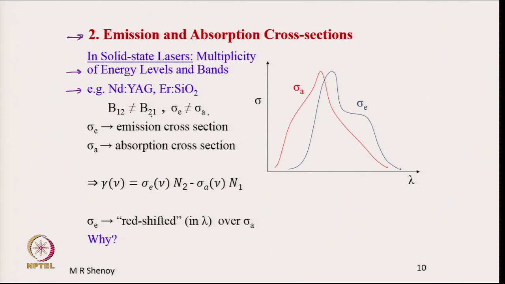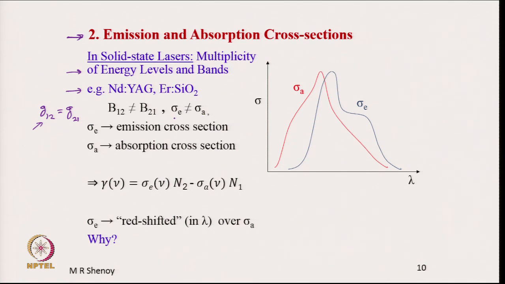B12 was equal to B21 for a non-degenerate system when G12 was equal to G21, that is the degeneracy factor, but otherwise B12 is not equal to B21. That means sigma E is not equal to sigma A.